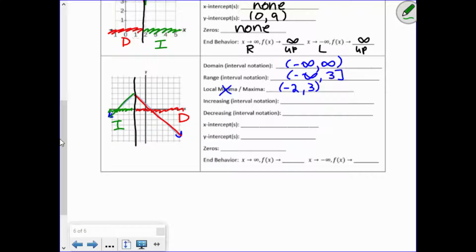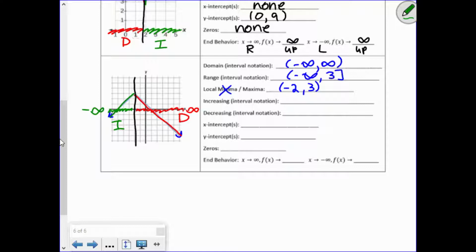Use your color coding to your advantage. You could also help yourself out if you just automatically write negative infinity over here and positive infinity over here so you can visually see that. So automatically label the ends of the x-axis with infinity.